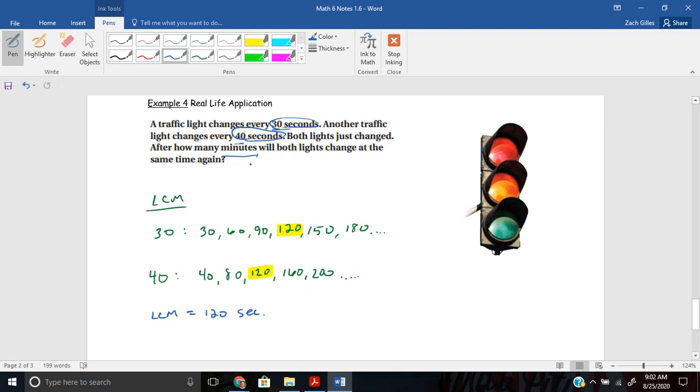And this says after how many minutes? Well, if there is 60 seconds in 1 minute, that would give us two minutes. Okay. So both lights will change again at the same time after 2 minutes.